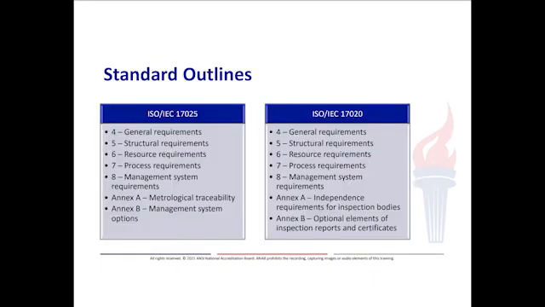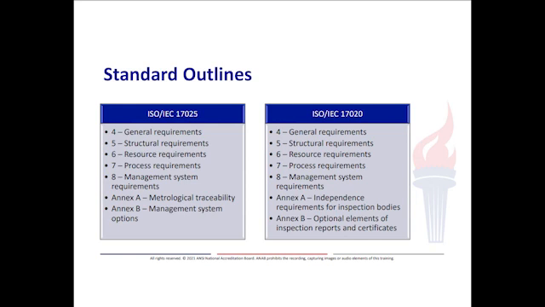So now let's talk a little bit about what's similar between these two standards. If you look at these on 17025 and 17020, we have the same basic structure, having general requirements, structural requirements, resource process, and management systems requirements. And you say, well, Dave, what's the difference there?